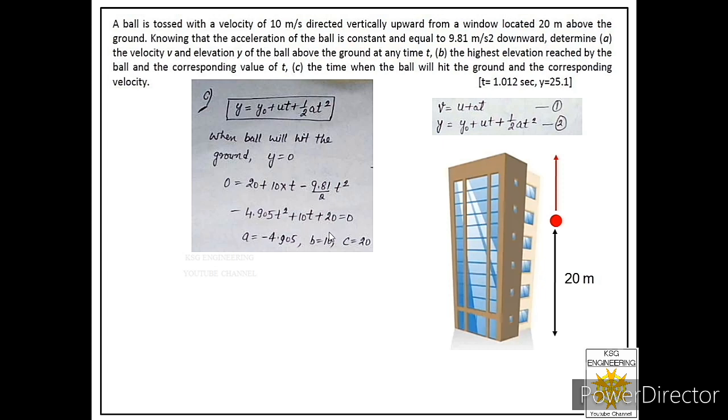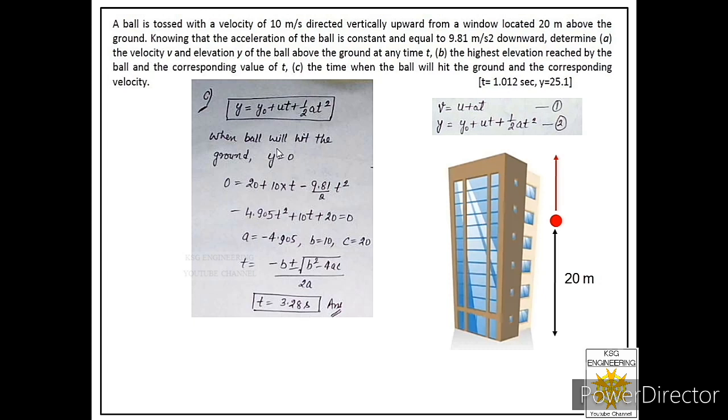So we will apply the formula of the quadratic equation, that is t equal to minus b plus minus square root of b square minus 4ac, divided by 2a. So we'll put the values in this formula and we will get the value of time. That is the answer to the first part of C part. That is, find the time when the ball will hit the ground. So at 3.28 seconds, the ball will hit the ground.